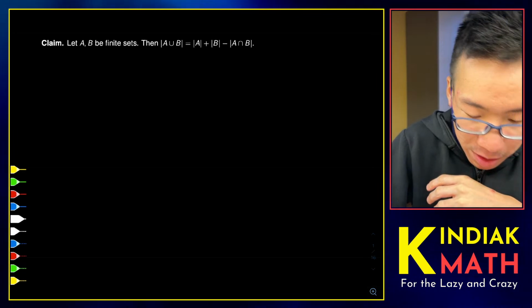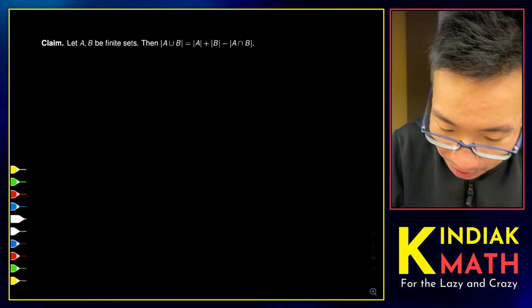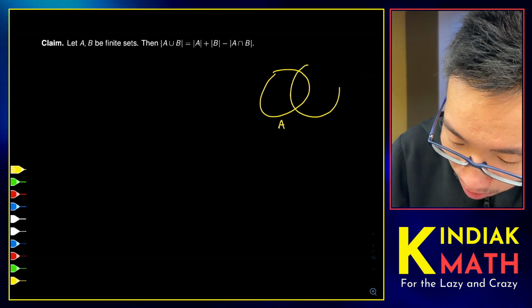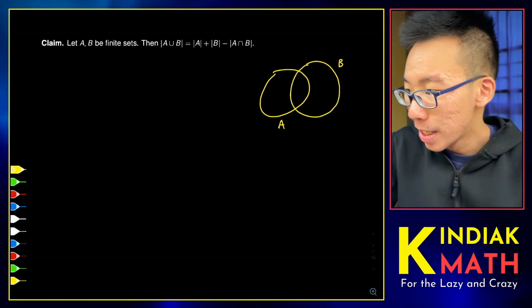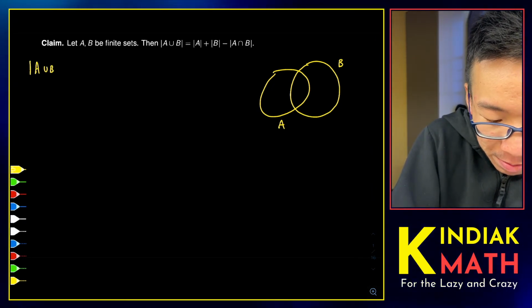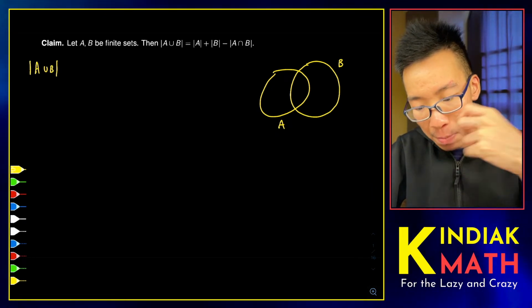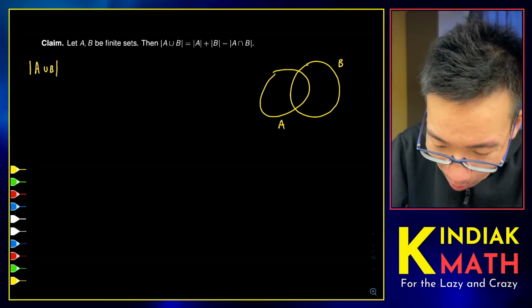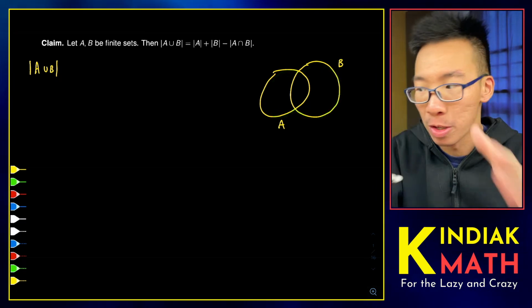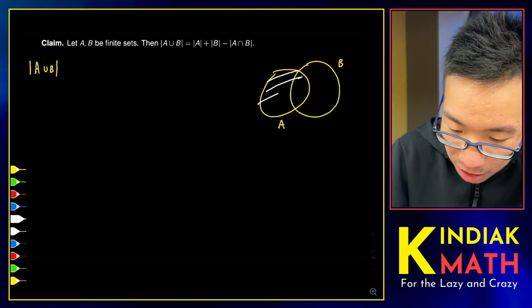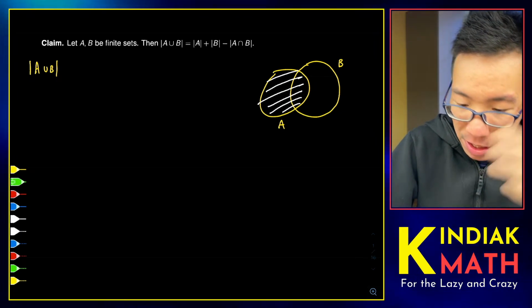And perhaps we can illustrate this with a picture. So this is going to be representing A, this will represent B. And the idea is how many items are there in A union B. Based on this, the idea is almost like to split this whole region into two portions. The A portion and the B portion.